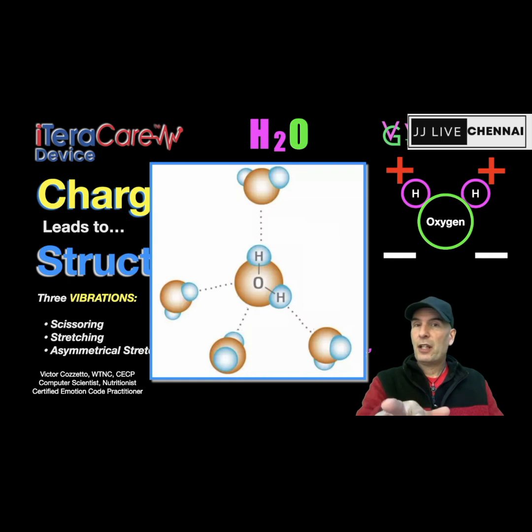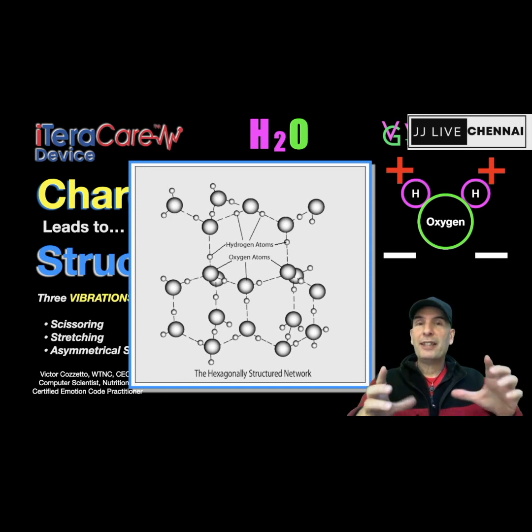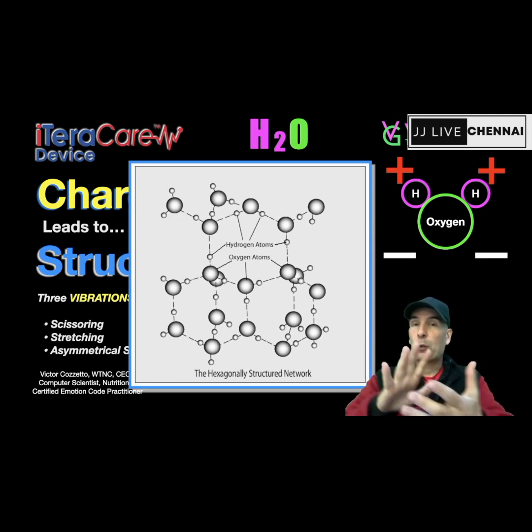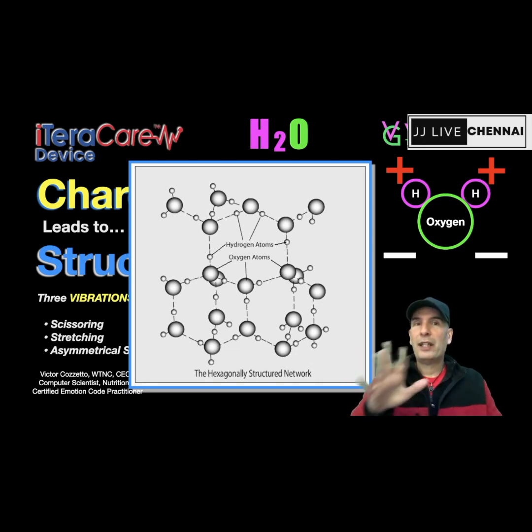And so you'll see here, you've got one water molecule then surrounded by other molecules. And the positives and the negatives, they start to line up. They start to line up, and then if you give it enough charge and you keep going, you start to get these hexagonal shapes. In 3D, you start to get these hexagonal shapes and layers that are all connected. And it's a really pretty cool thing.